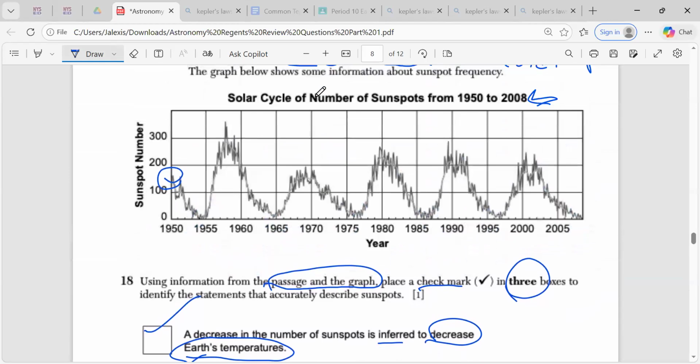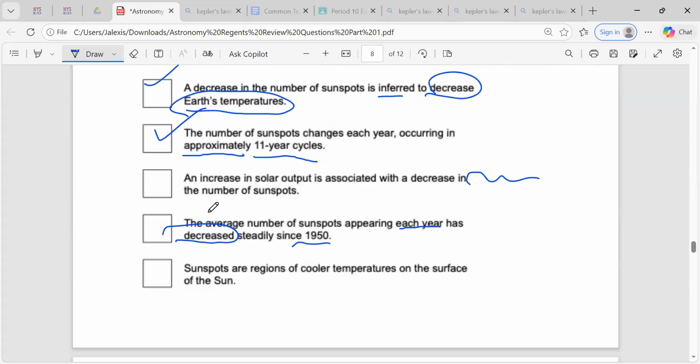Well, it does decrease, but then it shows an increase in this area. It's showing another decrease and then a slight increase. And then even after that, it begins to generally increase. So is it really decreasing every year? No. So I know this definitely can't be the case, right?